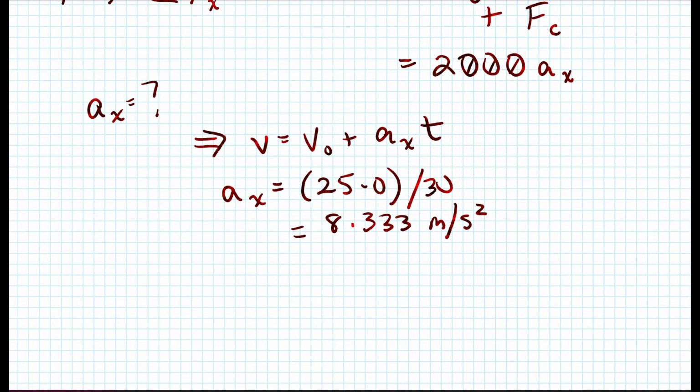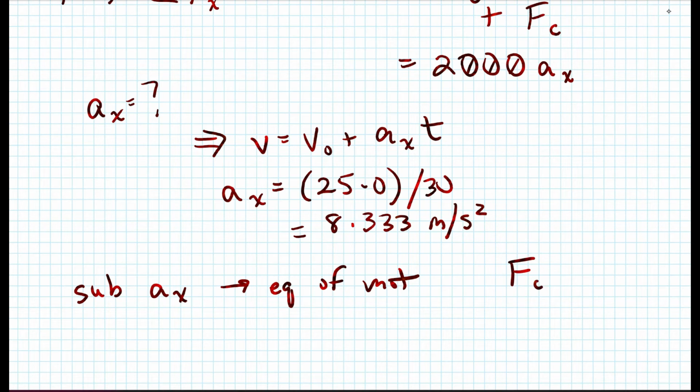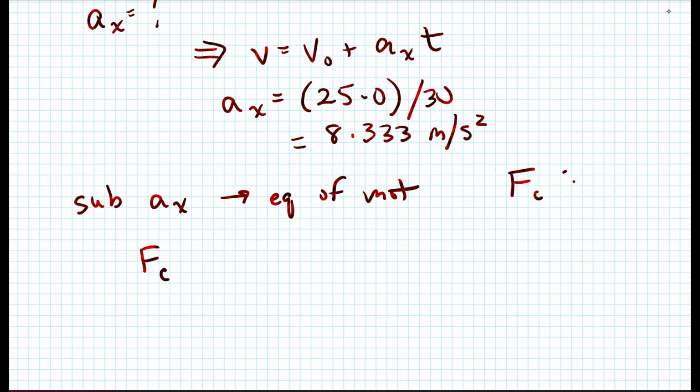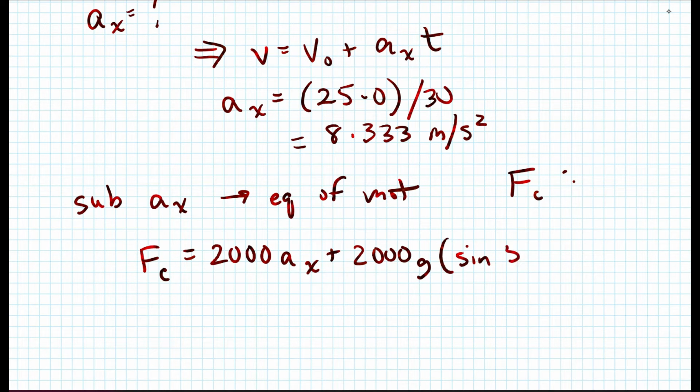Now what are we going to do? We're going to substitute a sub x into the equation of motion so that we can determine the frictional force F sub C. F sub C is equal to 2,000 a sub x plus 2,000 times the sine of 5.711 degrees.